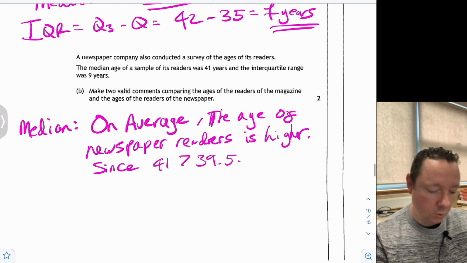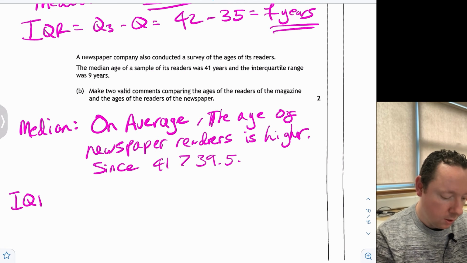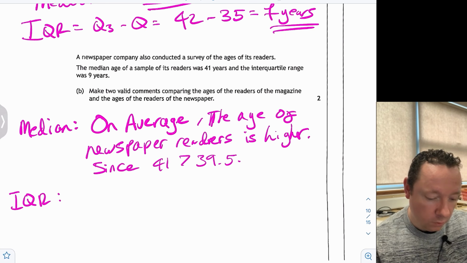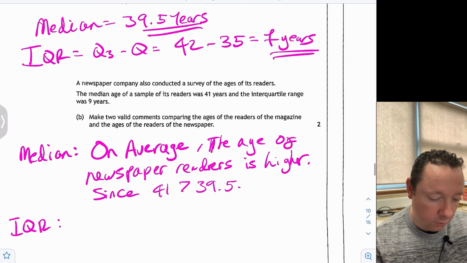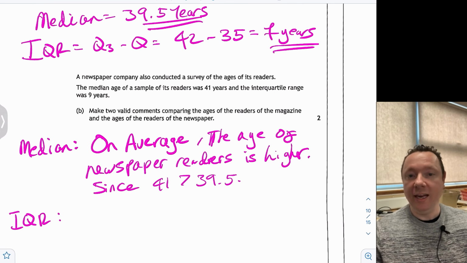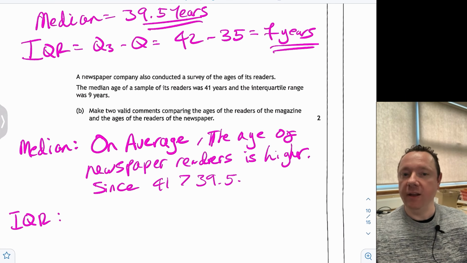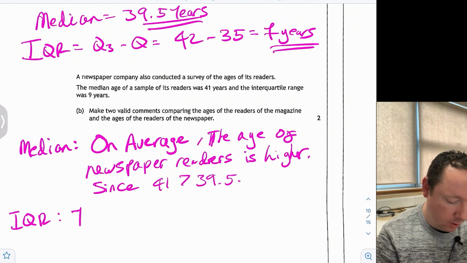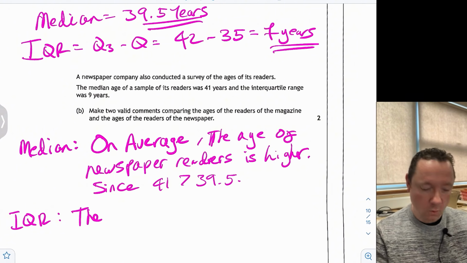Now to compare an interquartile range, we'll just talk about variability. So I got 7 for the magazine, and for the newspaper it's 9. So the age of the readers of magazines is less varied than newspapers, and the varied is the key word.